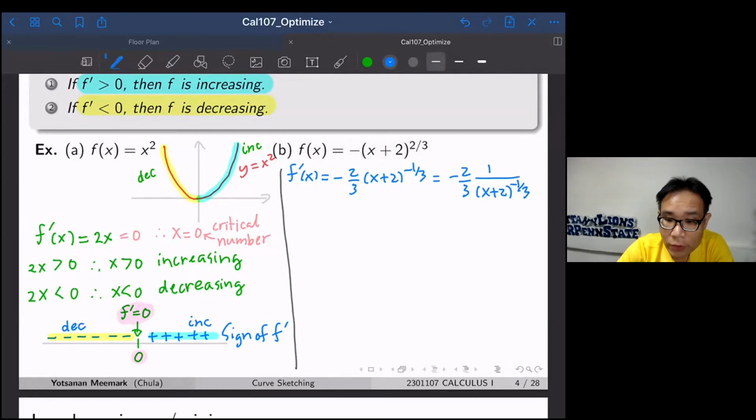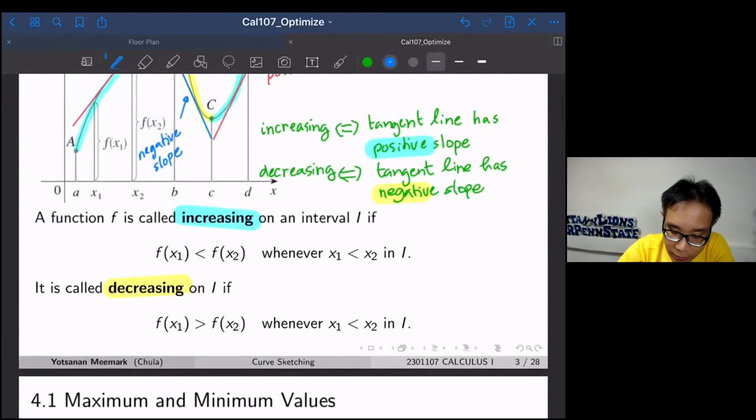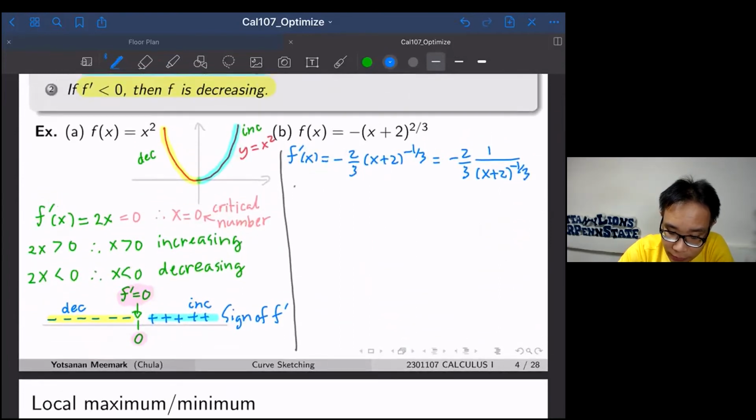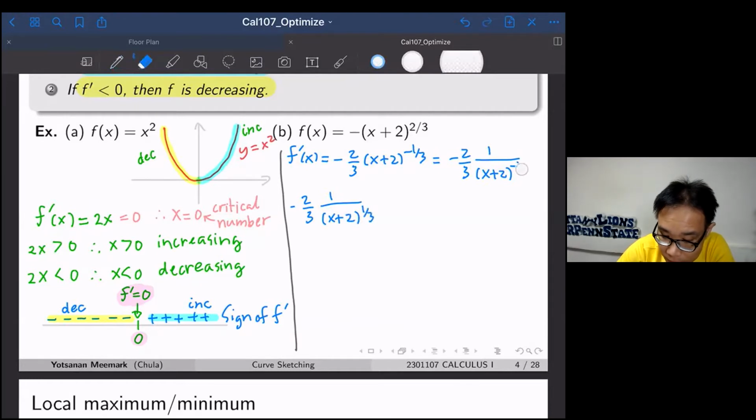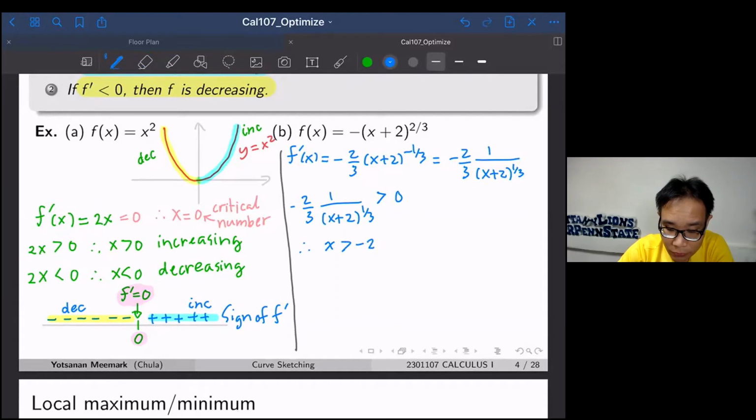So you see for f prime x positive, we're gonna have negative 2/3 times 1 over x plus 2 to the 1/3 positive.